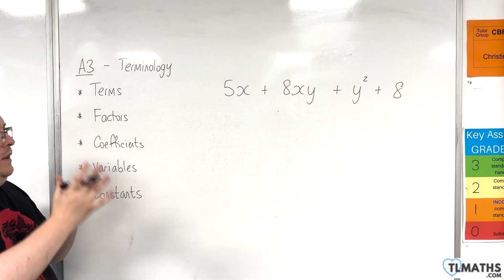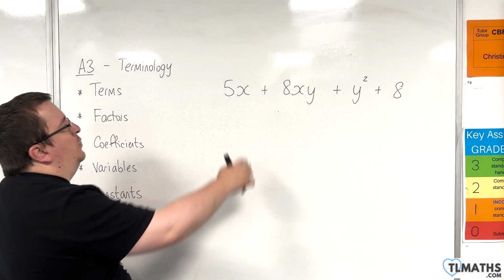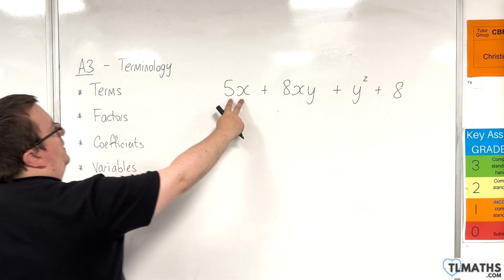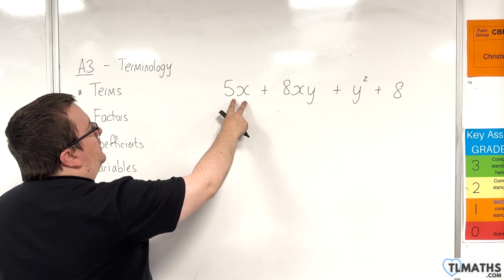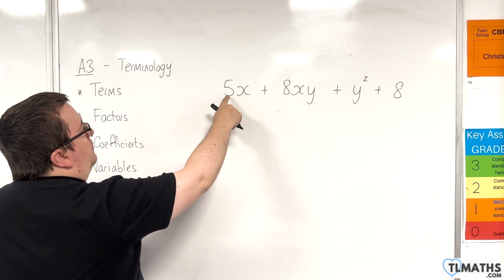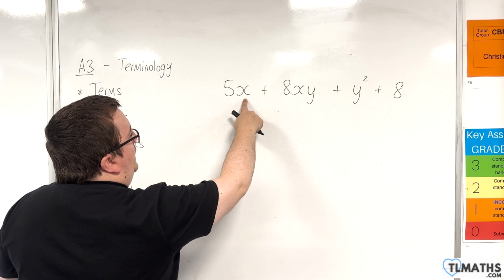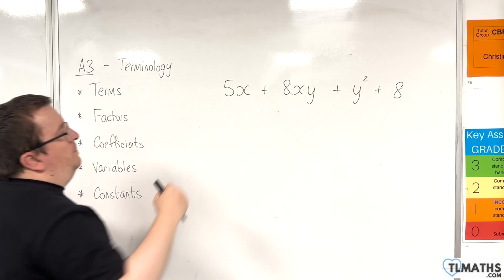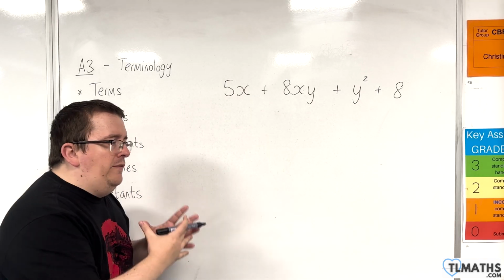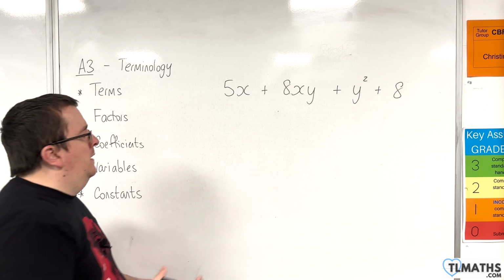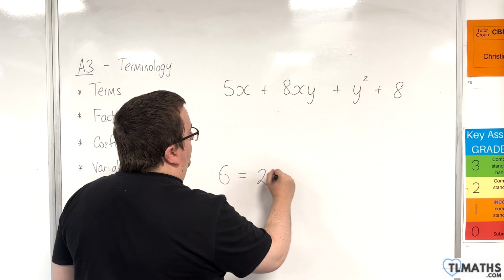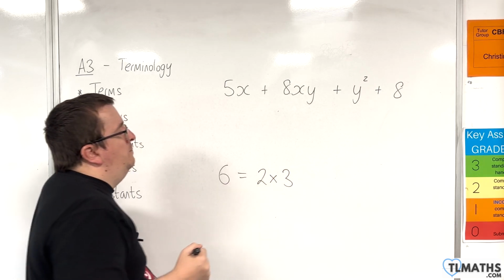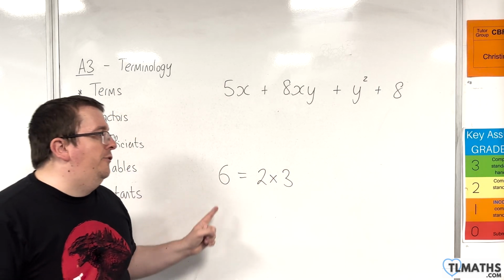Now, a factor. If we take a look at 5x, this term here, then 5x has 2 factors. It's got a factor of 5 and a factor of x. So when we've used factors before, when I look at the number 6 and I go, right, 6 is 2 times 3, you could say that 2 is a factor of 6.